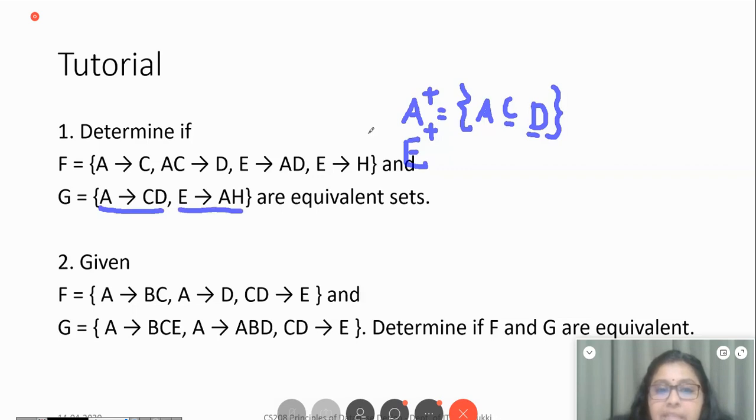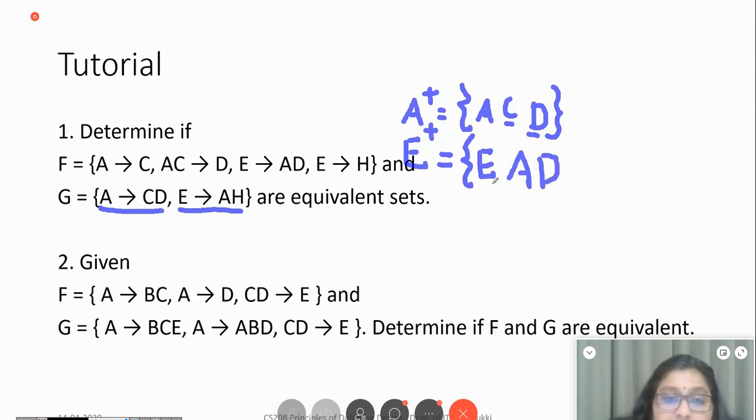Similarly, I'll see the closure of E. Plus attribute E, E is a member. Then because E determines AD, A and D are members. And E also determines H. H is a member, isn't it? Then A determines C. So A is already a member, so C is also a member.